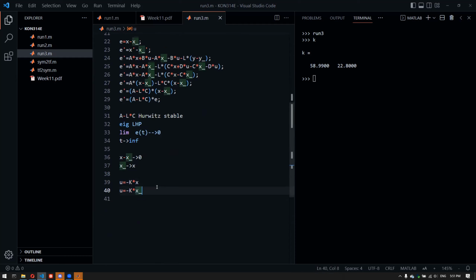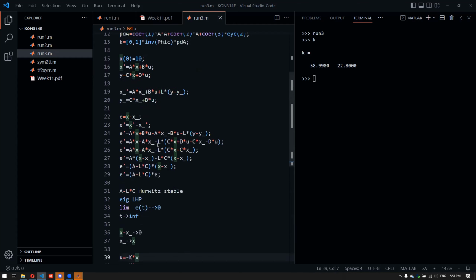Since X underscore will be something digital that we've basically constructed, we don't really need to measure all the states. The only measurement needed here is basically the output, because we're using the output as the only measurement. So these equations on lines 19 and 20, this system here, which is a copy system, is the Luenberger observer.